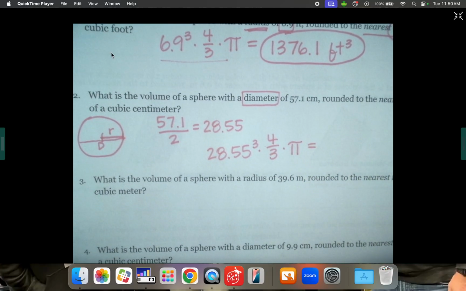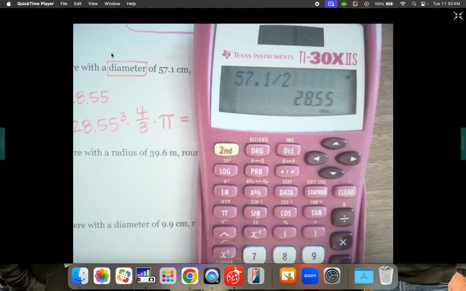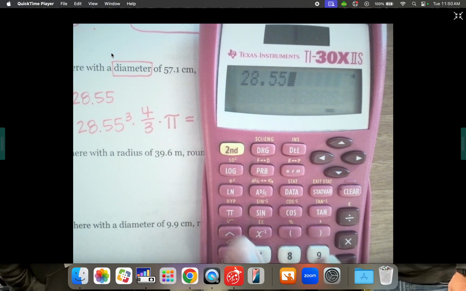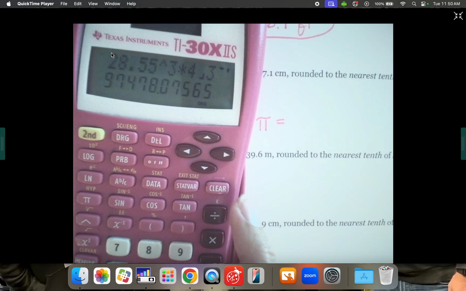I'm literally just going to type that in my calculator. 28.55 to the power of 3 times 4/3 times your pi button. And that is a very large number, 97,000. Sorry, let me move this back over.